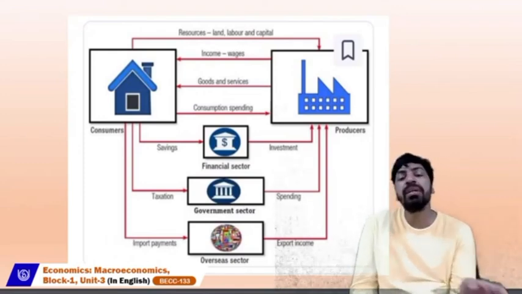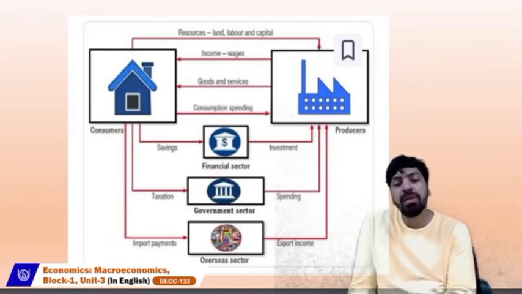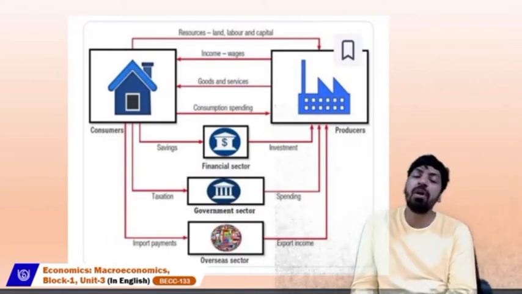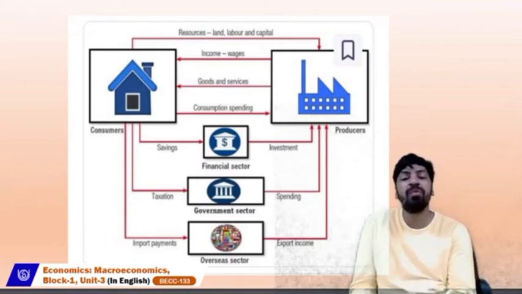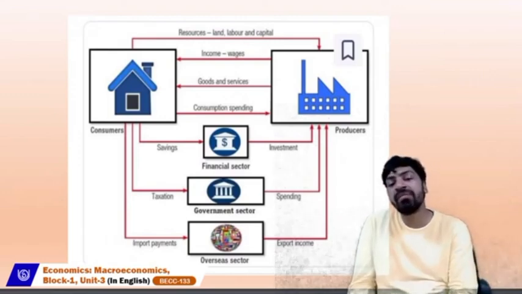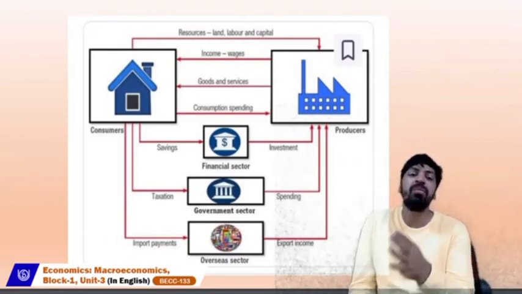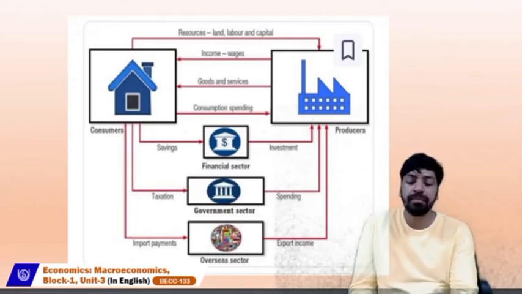So this is called the overseas sector, where the import and export of products, in the form of transfer payments or in exchange of income, works smoothly. This is the five sector model, which works through these particular transactions.